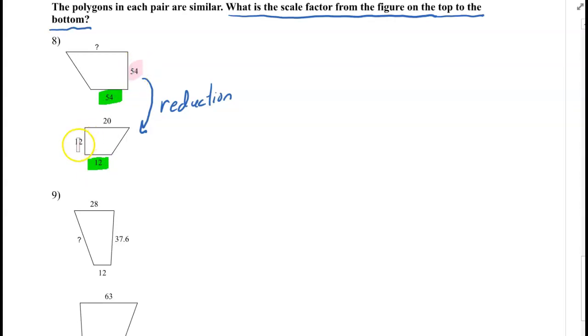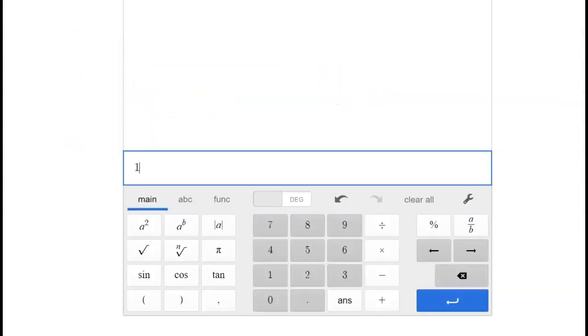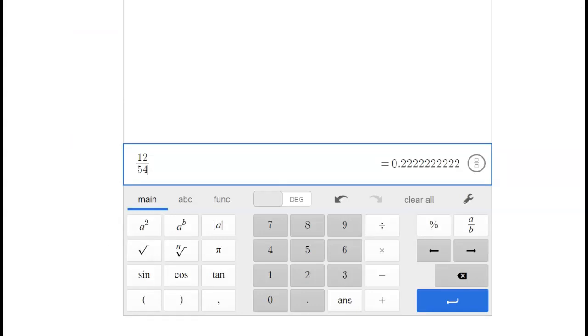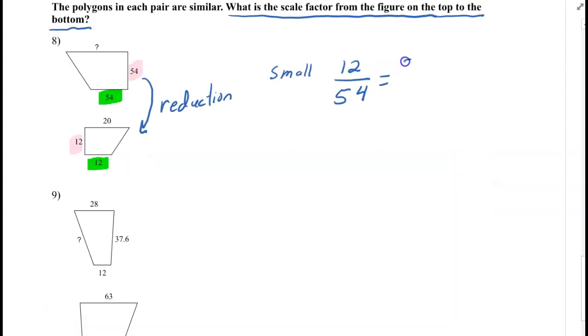This 54 in pink goes with that 12. So the pink numbers go together and the green numbers go together. Again, it's a reduction, so I'm going to put the small number in the numerator. So 12 over 54. I'm going to grab my calculator. 12 divided by 54. Notice it's smaller than 1 because it's a reduction, but I'm going to make that a fraction, 2/9. So the scale factor here is 2/9.